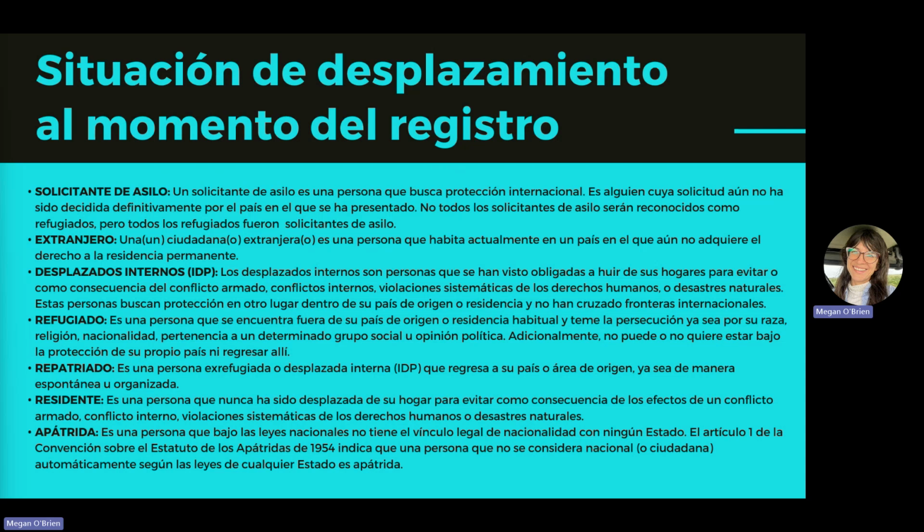And a stateless person is a person who, under national laws, does not have the legal bond of nationality with any state. Article 1 of the 1954 Convention relating to the status of stateless persons indicates that a person not considered a national or citizen automatically under the laws of any state is stateless.